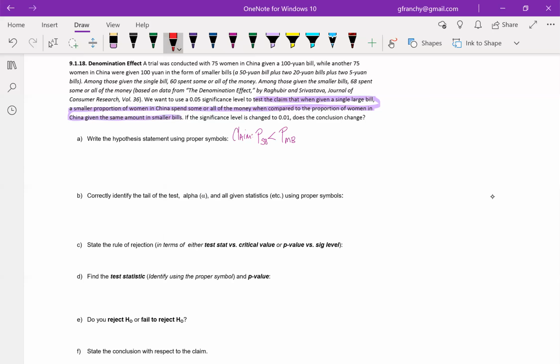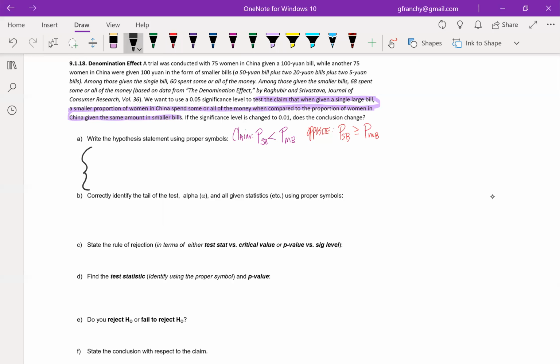And our opposite case here, so P of SB, P of MB, so the opposite of less than is greater than or equal.